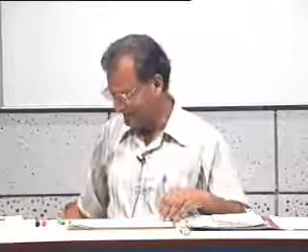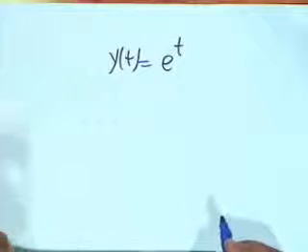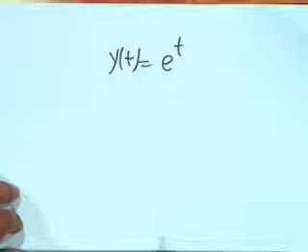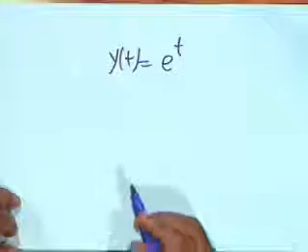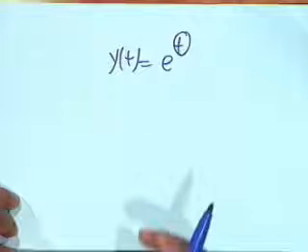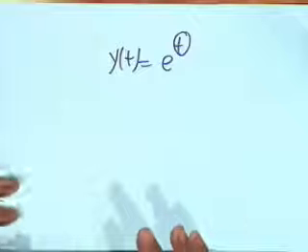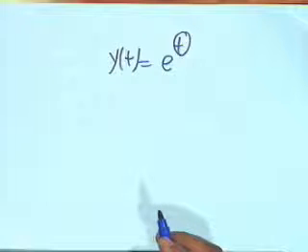What was wrong? Let's go back to our earlier example. What was wrong here? y of t is e to the t. What is the input? t is the independent variable. The input has not been specified, so we can't say whether the system is stable or unstable.